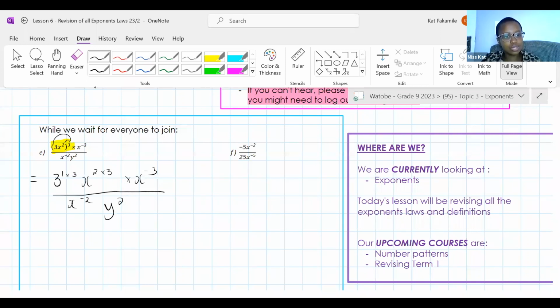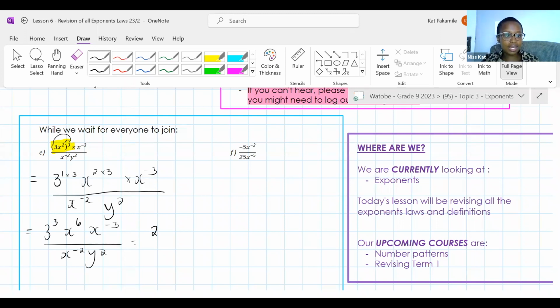You don't need one. Okay, 1 times 3 is 3, cubed, x to the 6, x to the negative 3, all over x to the negative 2y squared equals 3 cubed is 27. And then we have x to the 6.